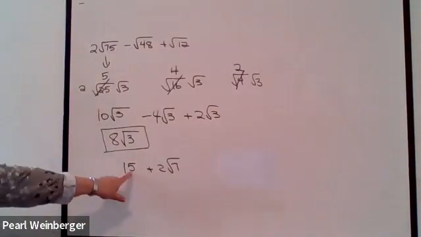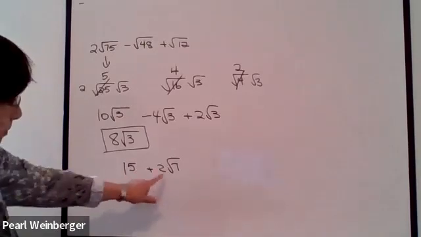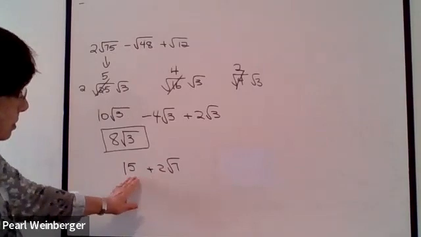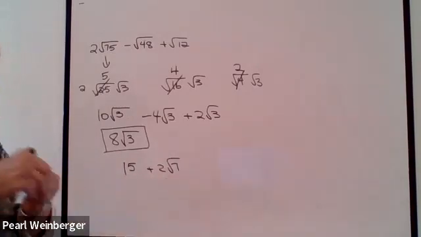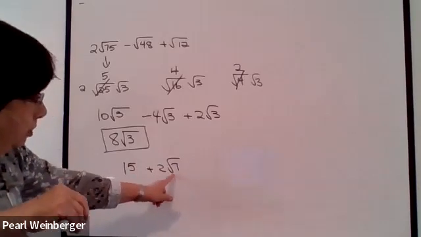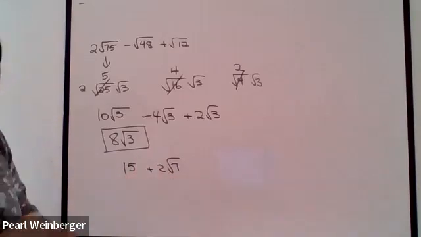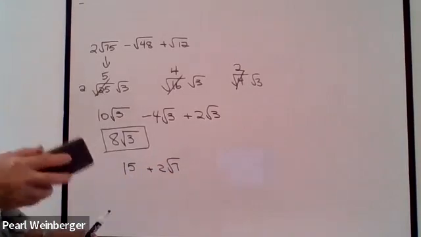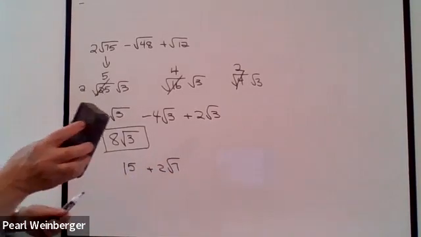Don't make the mistake of doing 15 plus 2 and getting 17. These are not like radicals. This is like a 15 plus 2x. You cannot combine them because the only thing you can combine this one with would be something that also has a radical 7. Okay, I'm going to give you one to try now on your own.